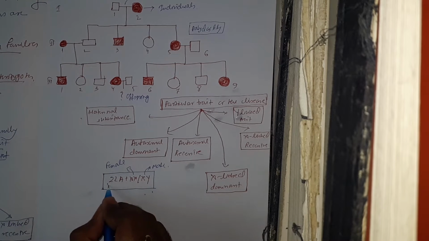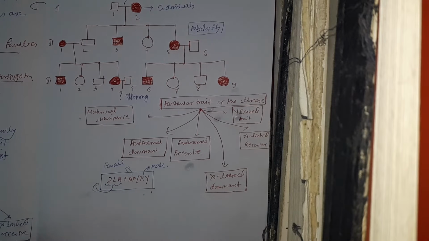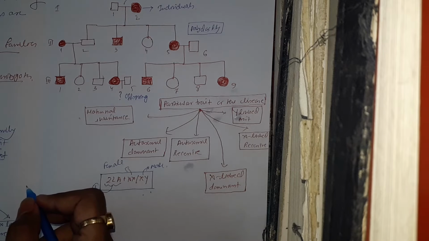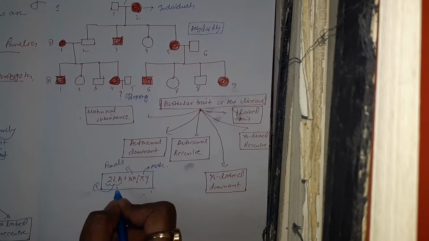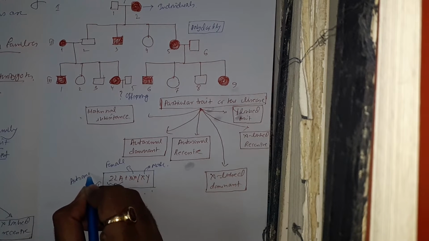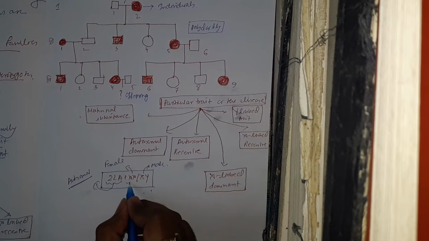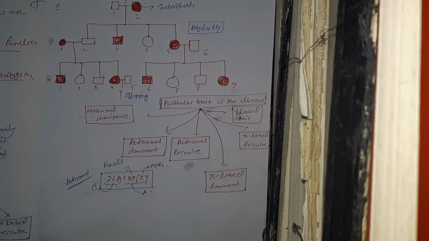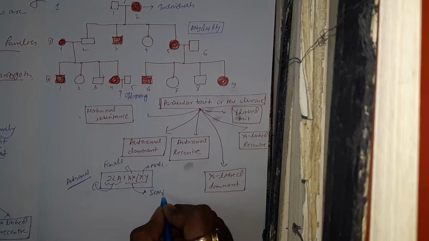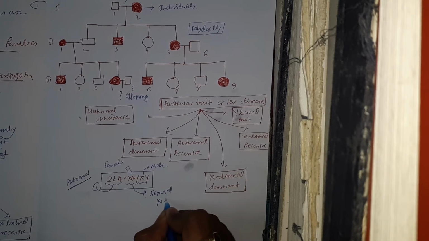If the defect or mutation is in an autosome, that is, included in these 22 pairs of autosomes, then we can say the trait is autosomal. And if the trait is a result of a defect or mutation in a chromosome included in the one pair of sex chromosomes, then we can say the trait is sex-linked, or you can say X linked.